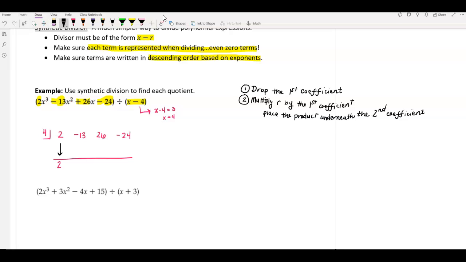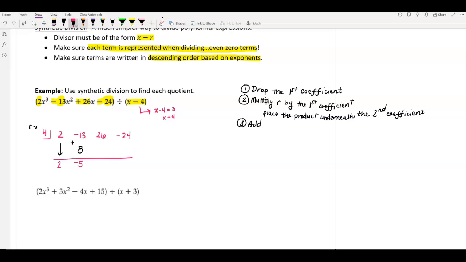So here's my r. That's r. We're going to multiply 4 times 2, which is 8, and we're going to put the 8 right underneath. And now we're going to add, which is step 3. Negative 13 plus 8 is negative 5.